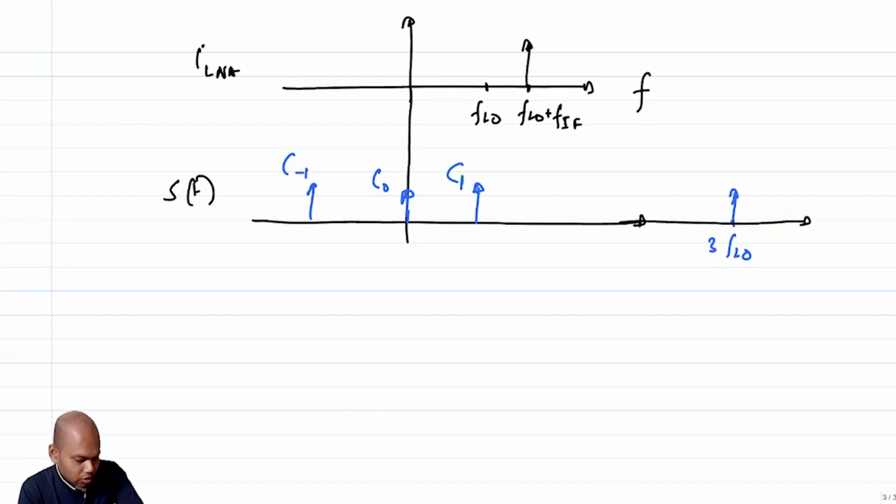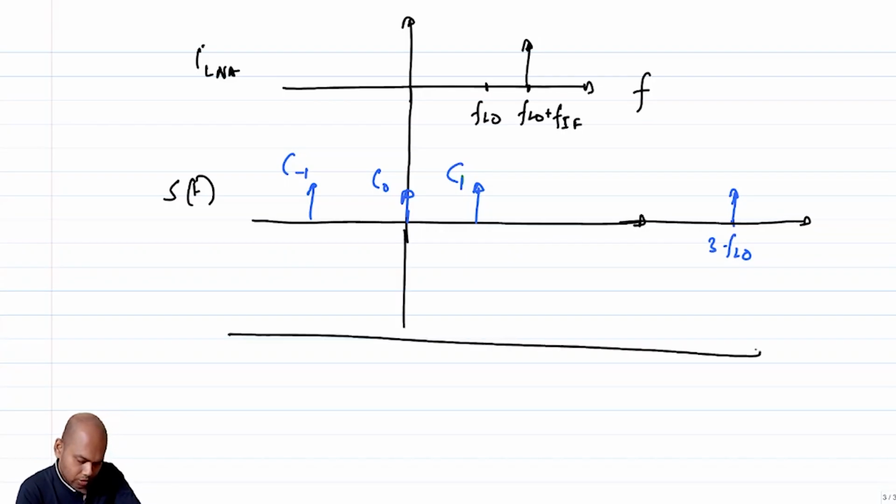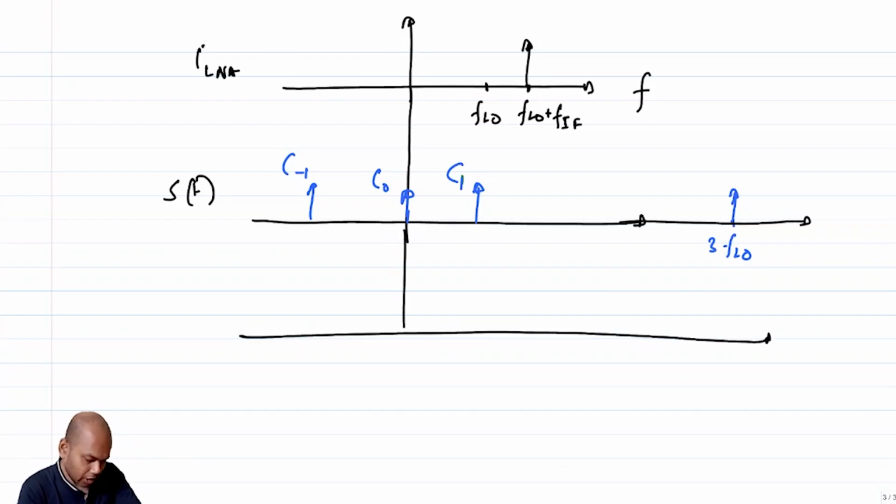So when you multiply these, what's going to happen? Let's take everything into account. What's going to happen to the spectrum of I_mix?